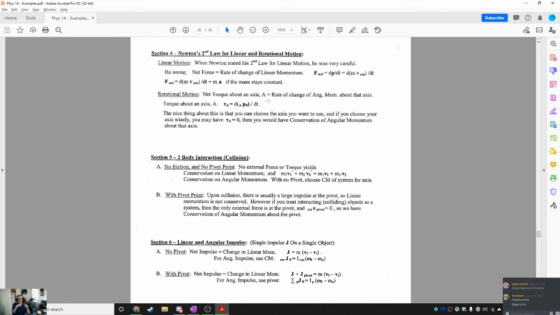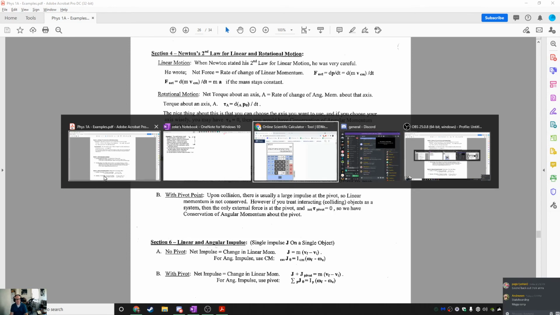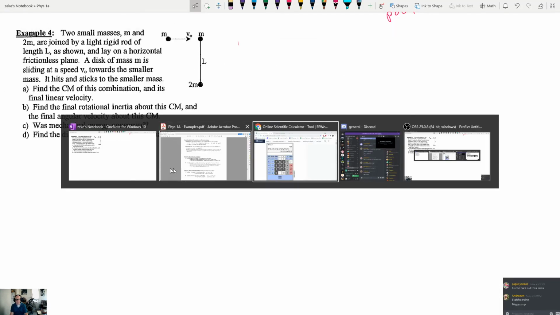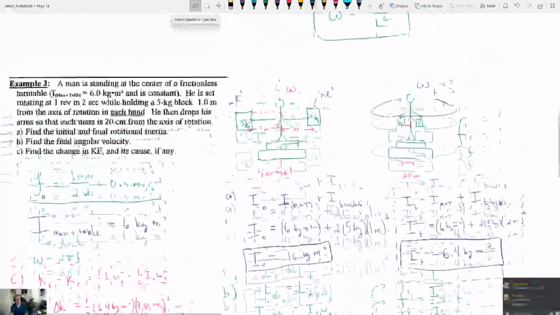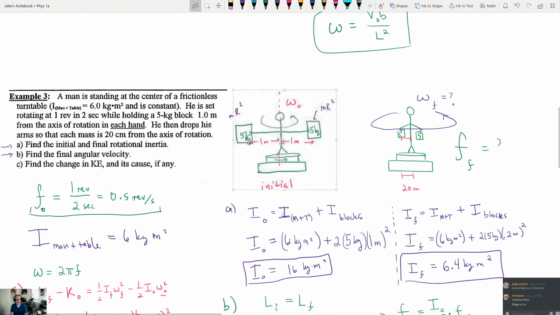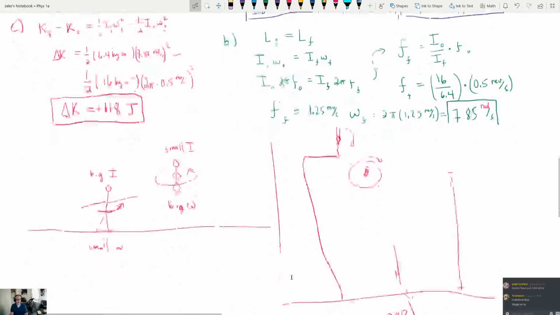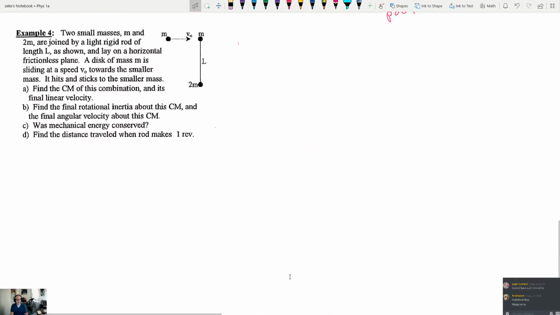In the case of the person with the masses in their hands and the turntable, all 3 of those things were basically one object, right? The person never dropped the masses, for example. Everything was just one object here, right? And we were able to calculate the moment of inertia of just that one thing.